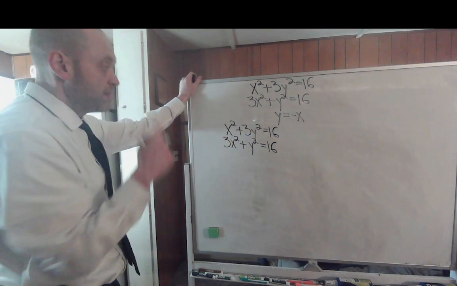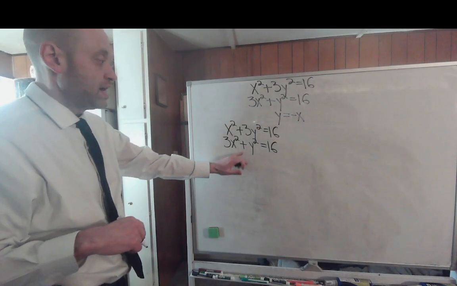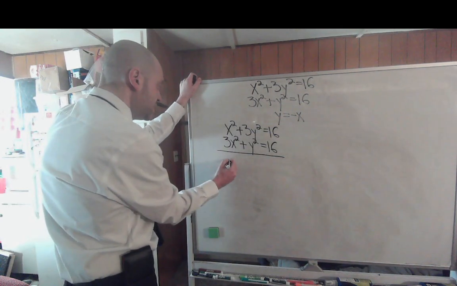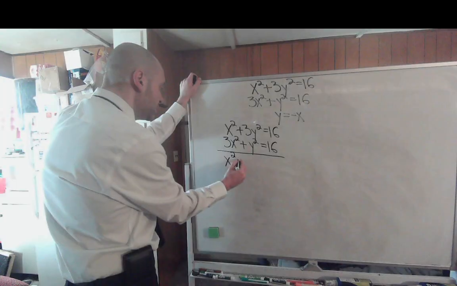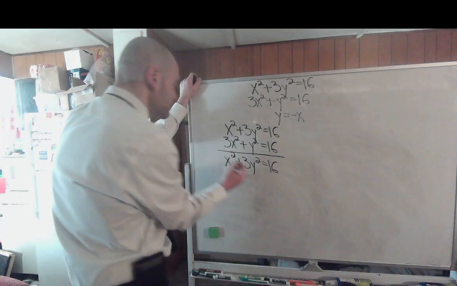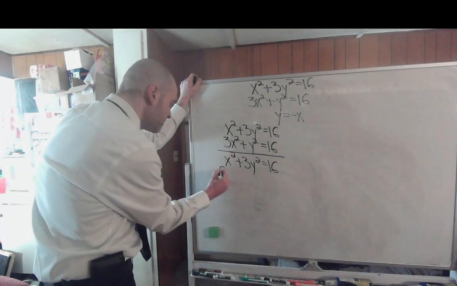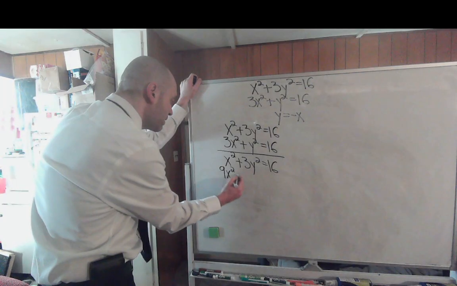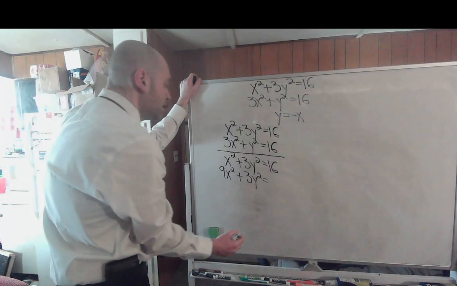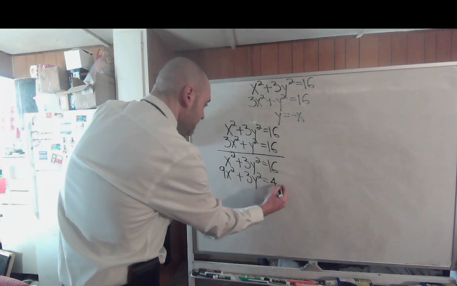I'm going to say we multiply the second equation by 3 so we can try to eliminate the y variable. So keep your x squared plus your 3y squared equal to 16, but multiply your second equation by 3. You'll end up getting 9x squared plus 3y squared is equal to 48.